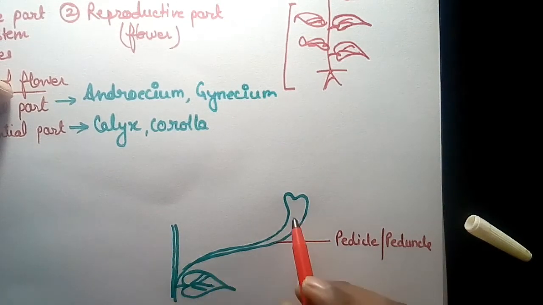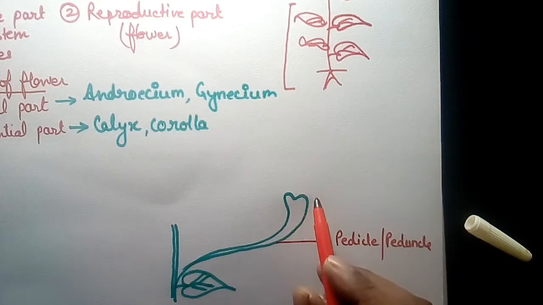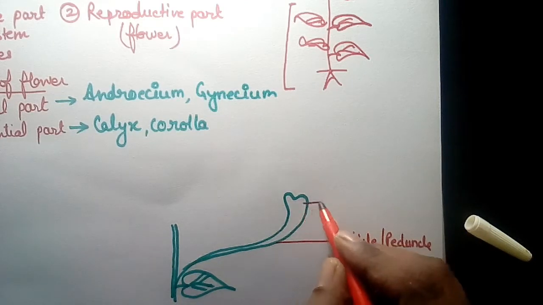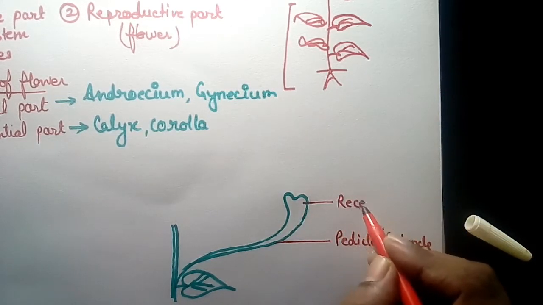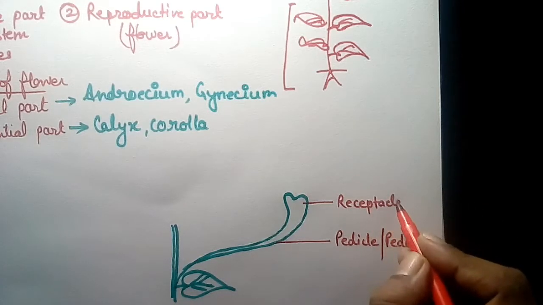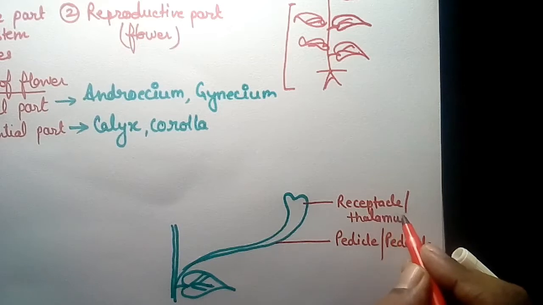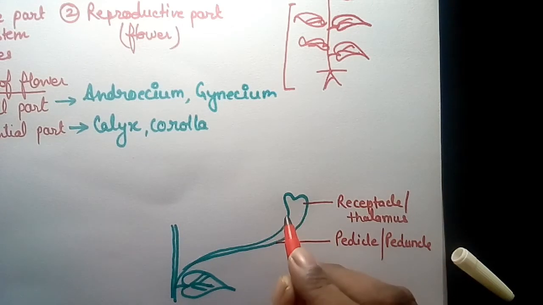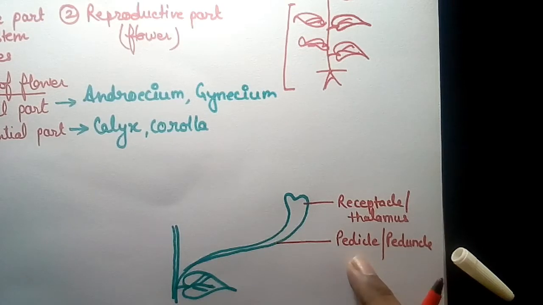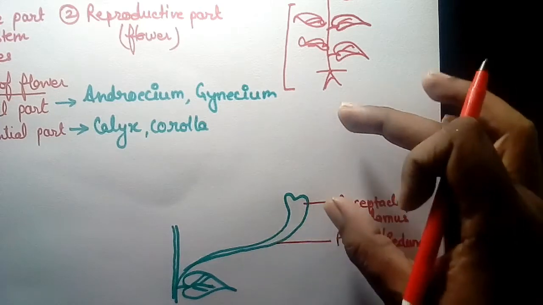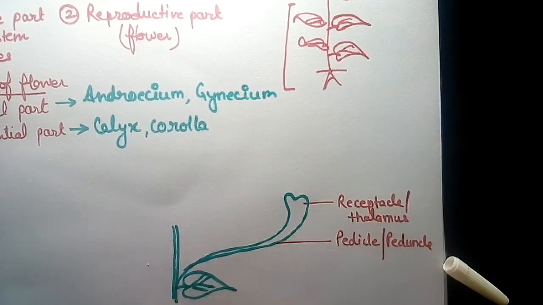The topmost part of the pedicel is swollen to form the receptacle or thalamus. That means it bears all the parts of the flower. So what is pedicel? The pedicel is the part of the flower which attaches the flower to the stem.